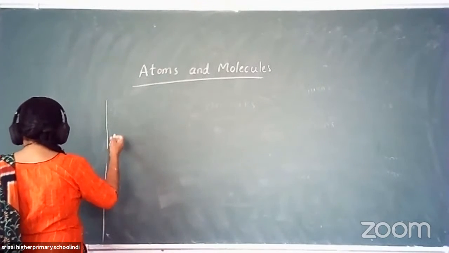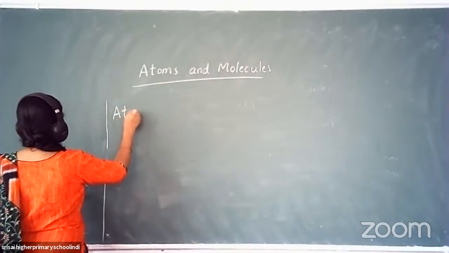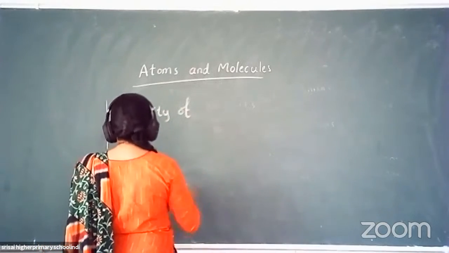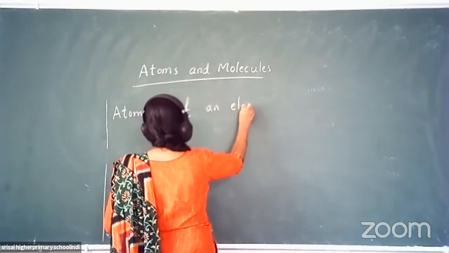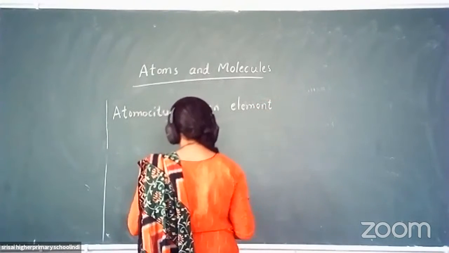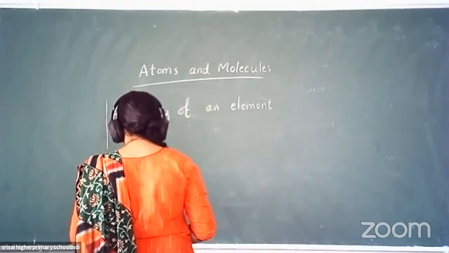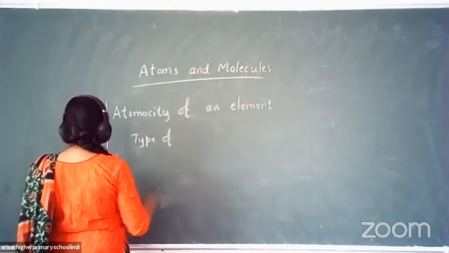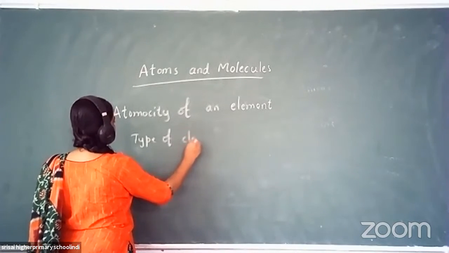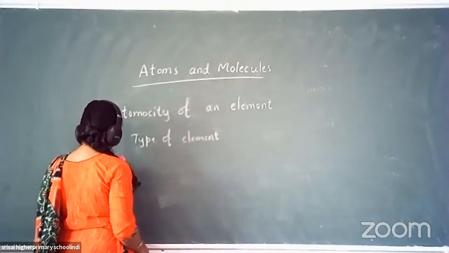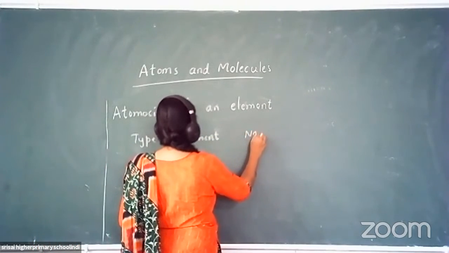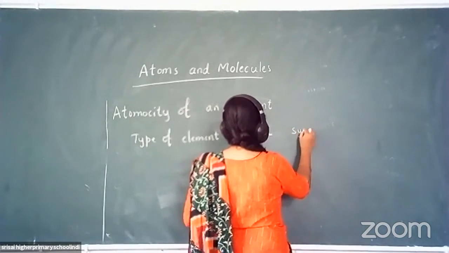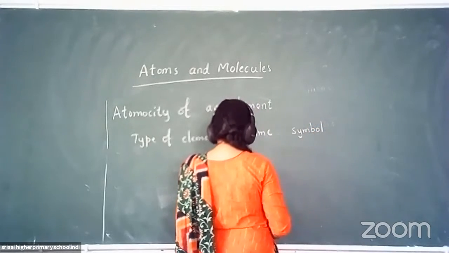Atomicity of an element. Here, make columns: type of element, name, symbol, atomicity.